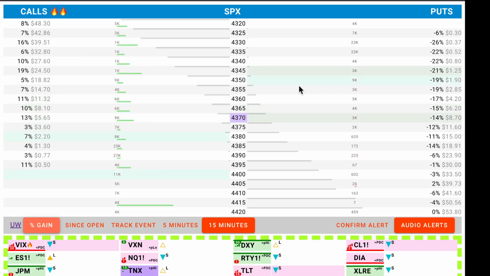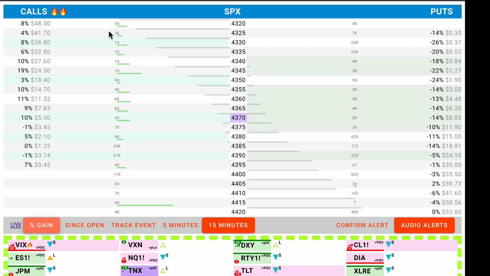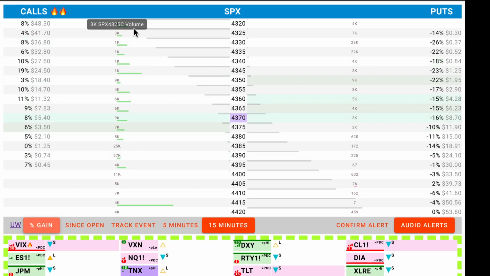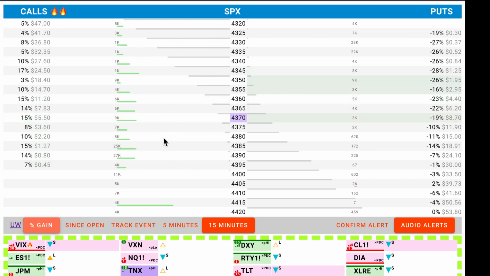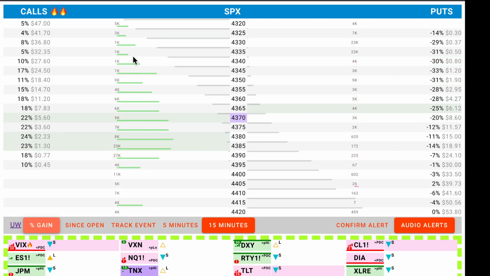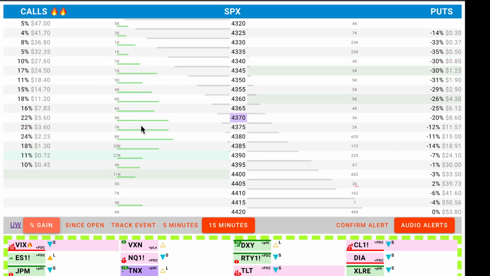I mean, barely, so it's not really making them a lot of money. We want to see them having a nice belly for a healthy trend. But right now you can see that calls are slightly making money, but it's really just a sideways market until we have a nice belly forming and it persists.